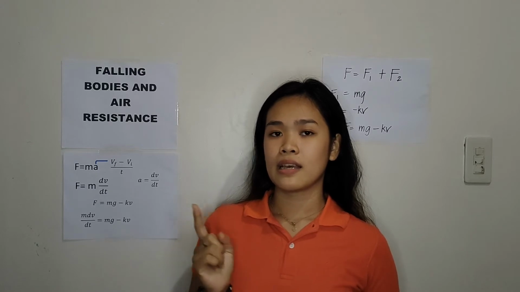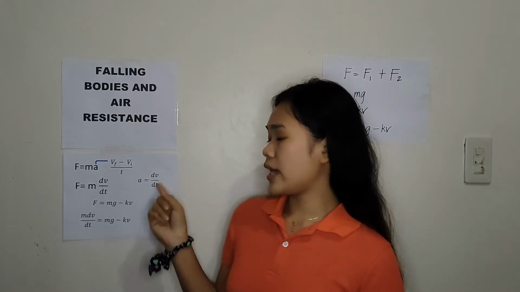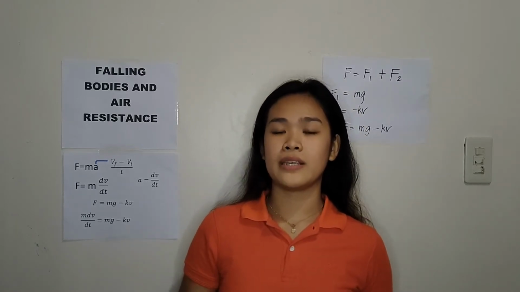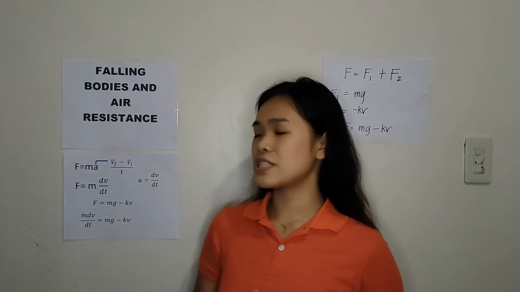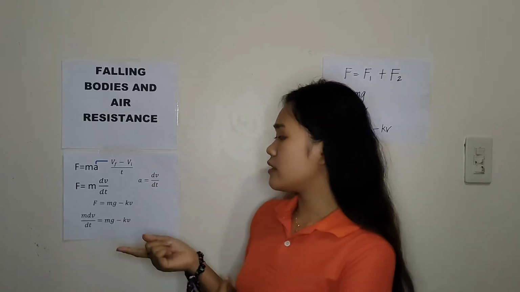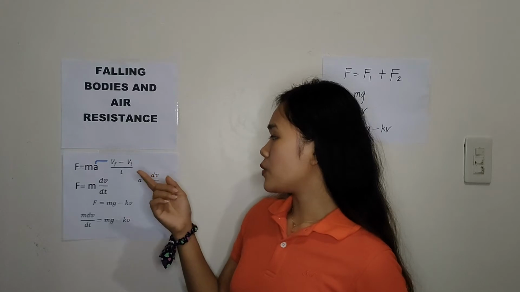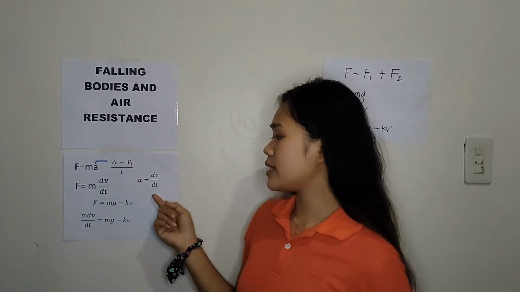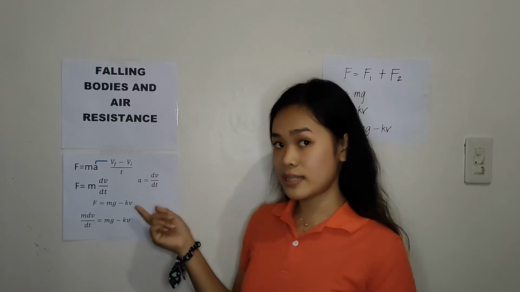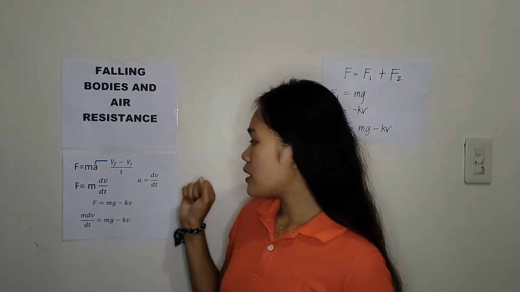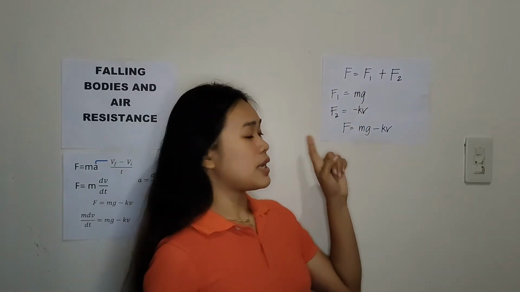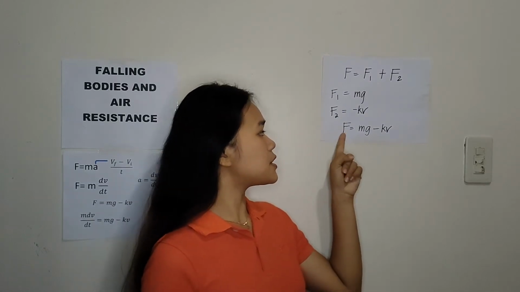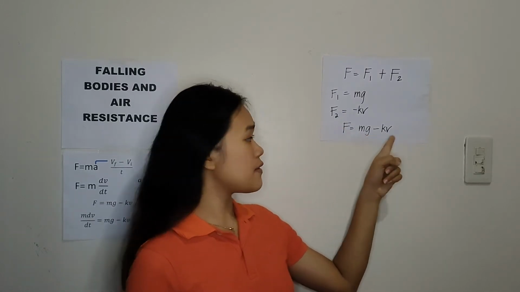So meaning, yung A is gagawin nating V with respect to T, kaya naging dV over dt. So here, pinalitan lang natin yung value ng A, which is dV over dt. So, babalik tayo ngayon dito sa nakuha natin kanina, na ang force is equals to mg minus kv.